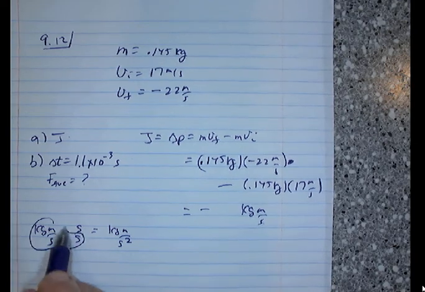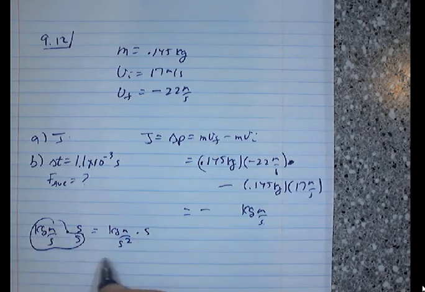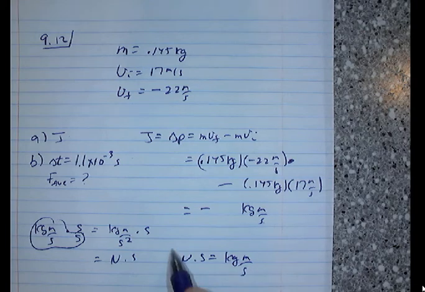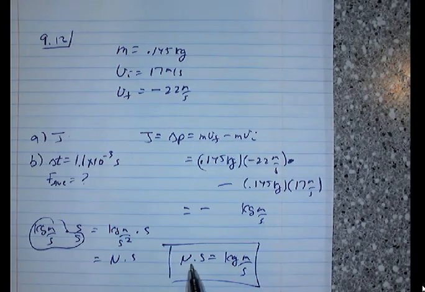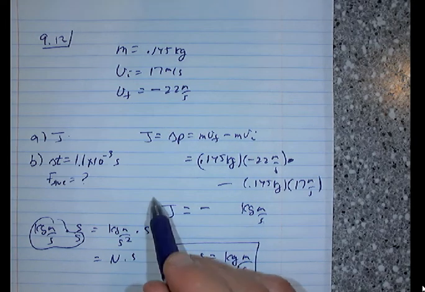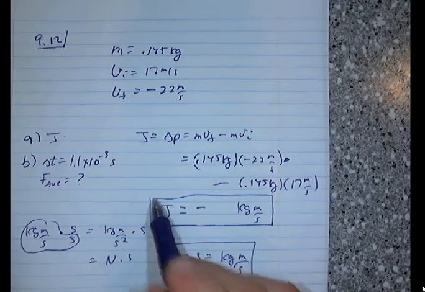That would be this part, times a second, which is a Newton second. So in other words, a Newton second is the same thing as a kilogram meter per second. So impulse, sometimes you see it like this, sometimes you see it like that. Okay, so the magnitude of the impulse, this is what you need, but just the positive of that.